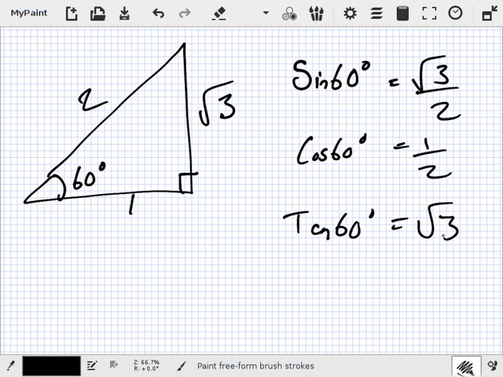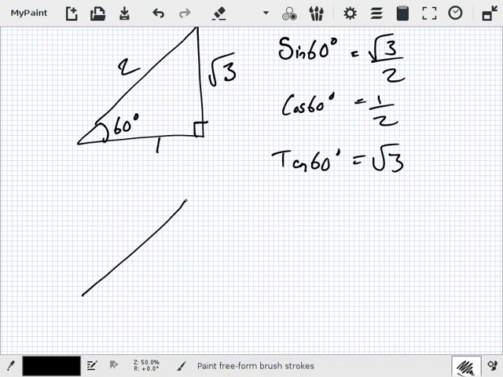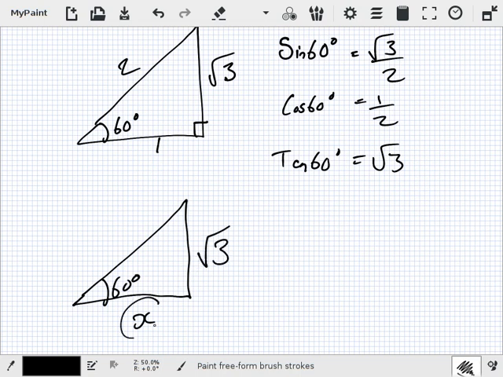This is actually very useful because it means you can find missing sides. So I'll give you an example. Let's pretend you had this side here, and this side here, and you were looking for this. Now, can you use Pythagoras here?